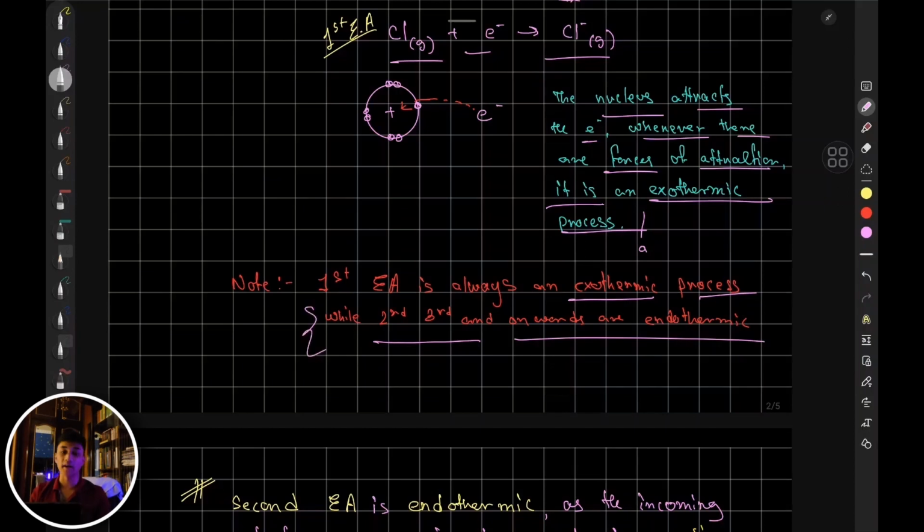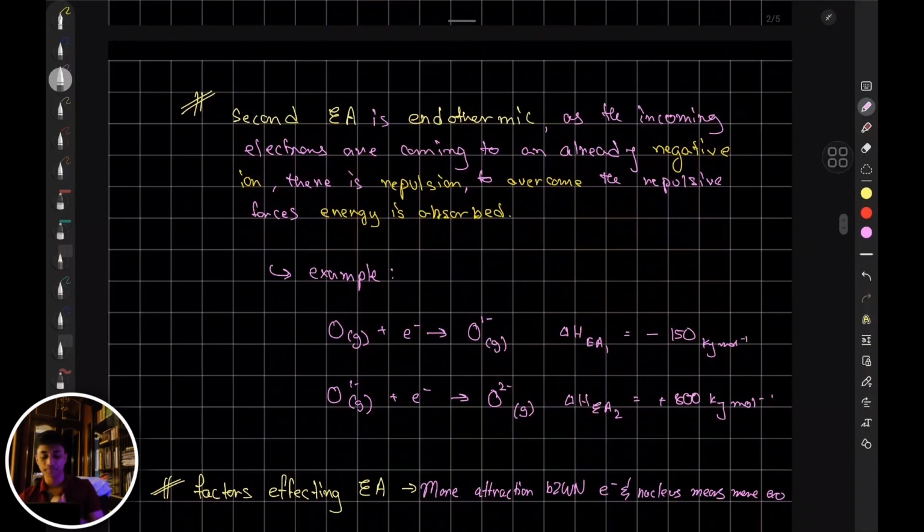Now here is the tricky part. The first electron affinity is always exothermic. However, the successive electron affinities, or the second, third, fourth, and onwards, are going to be an endothermic process. Why is that the case? Let's look into that. The second electron affinity is an endothermic process, as the incoming electrons are coming to an already negative ion.